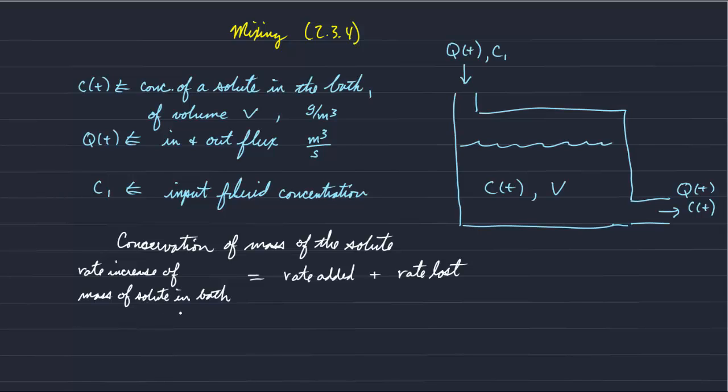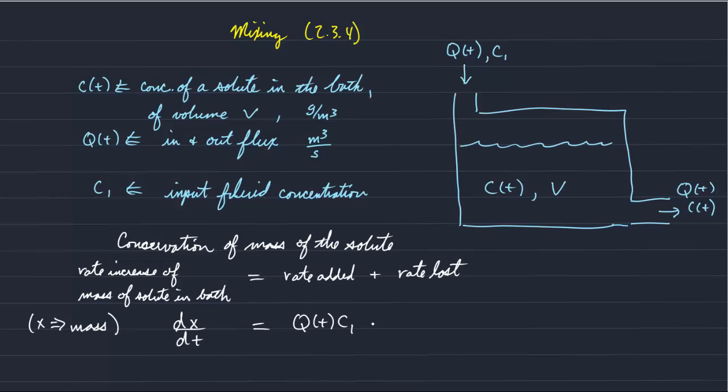Okay, and so we can describe the rate increase in mass of the solute as dx/dt, where x is the mass, and that's equal to the rate added, which is the flux of fluid added times the concentration of the added fluid.